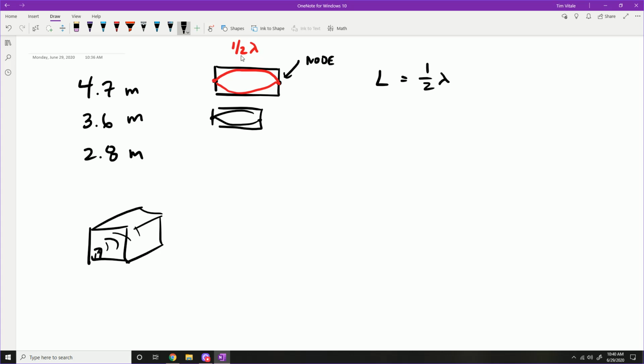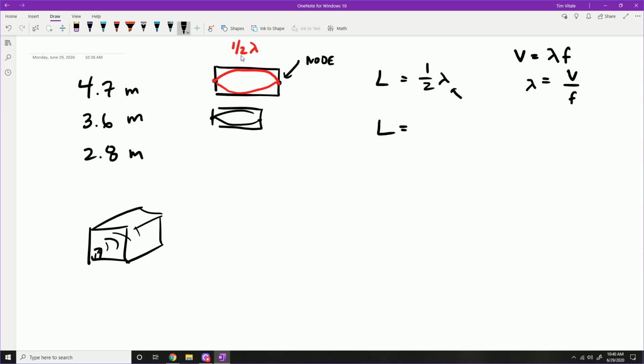The only other thing we have to do is take care of the wavelength part, because we're not asked for the fundamental wavelength, we're asked for the fundamental frequency. So we use the wave speed equation, which says that the speed of the wave is equal to the wavelength times the frequency. We want to substitute for the wavelength, so I solve for wavelength by dividing both sides by frequency, which gives speed divided by frequency.